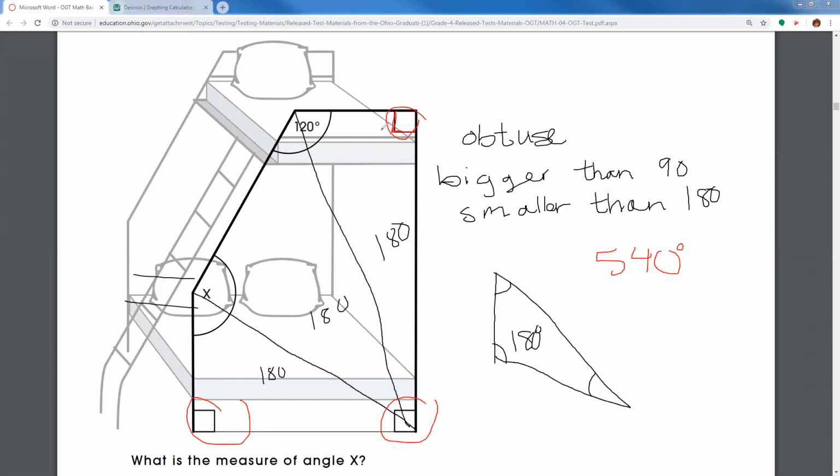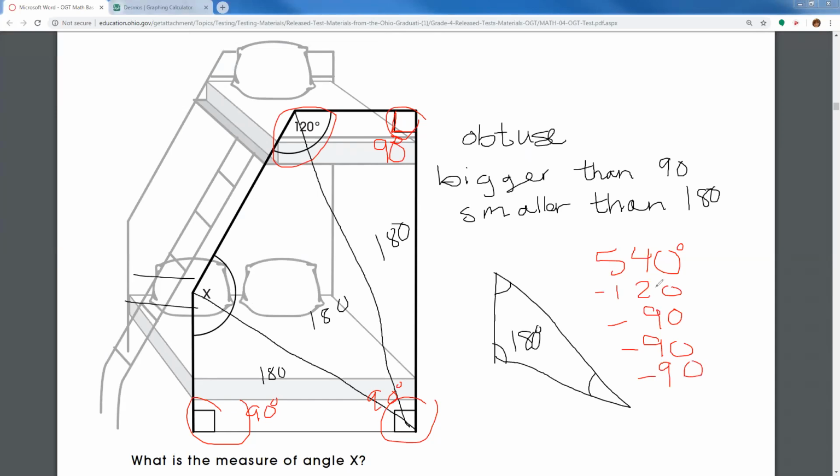So all these corners are 90 degrees. And then they told us this corner, 120. So if they're all supposed to add up to 540, if we just take all of these away, it leaves us with the last angle we don't know yet.